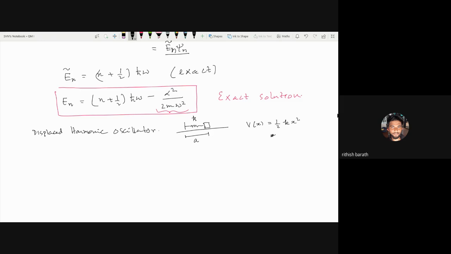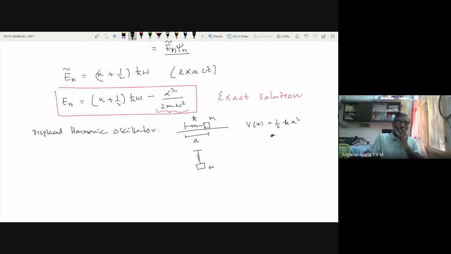Now imagine that you try to hang this in a gravitational field. So this has some mass m. Then the spring constant will not change. What changes is the equilibrium length will change. It will be a plus some small value delta. So this is the equilibrium length.